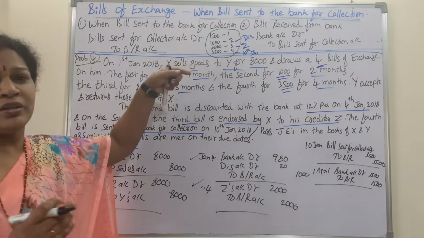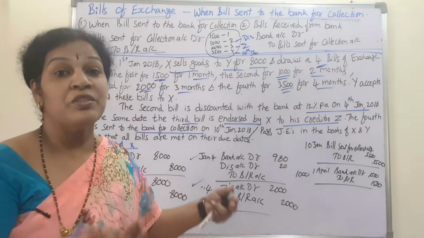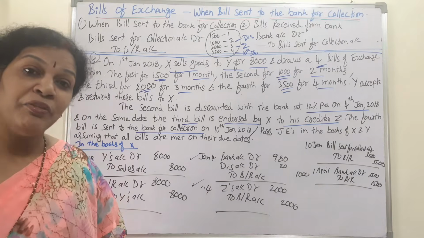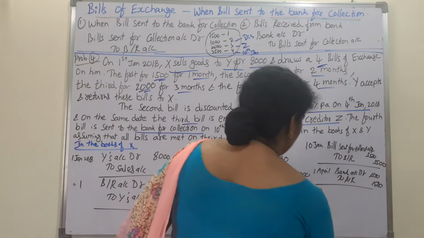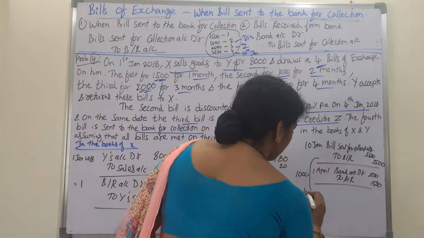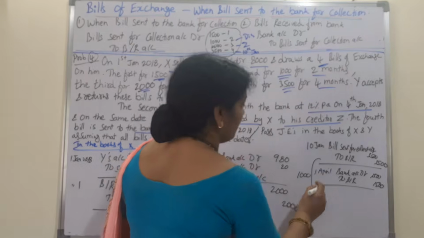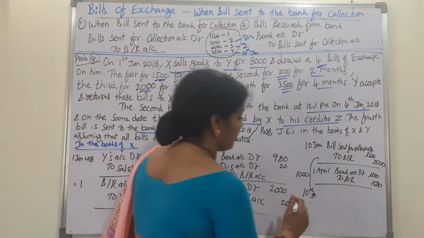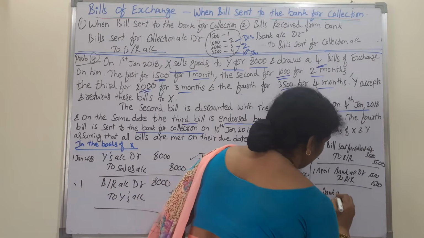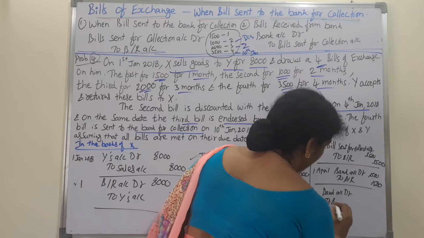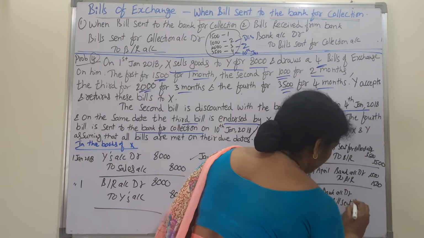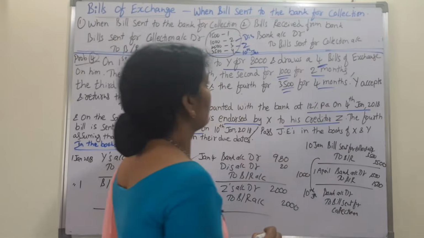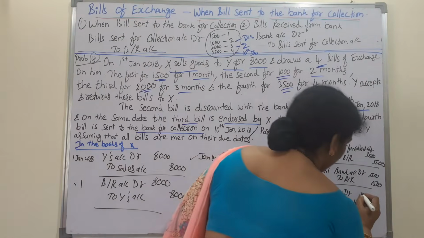The second bill is already discounted, and the third bill is also endorsed to Z. Now the fourth bill we sent to the bank for collection, we are receiving from the bank on 10th January. When receiving from the bank, bank account is debited to bill sent for collection account, 3500.